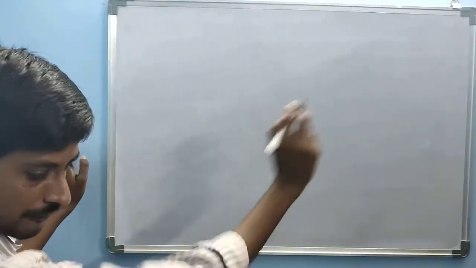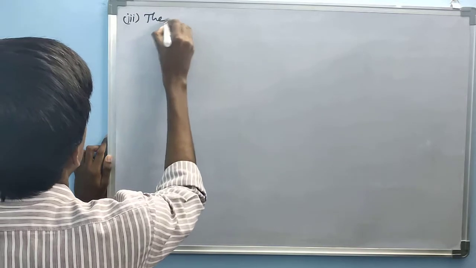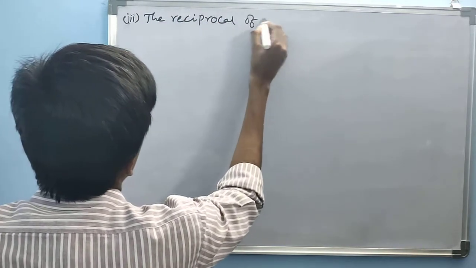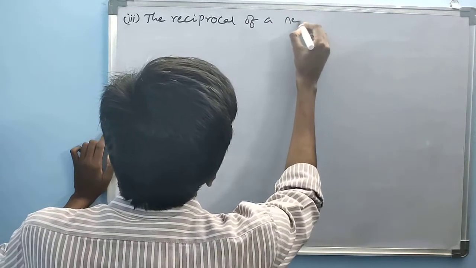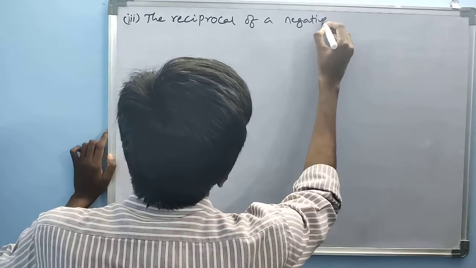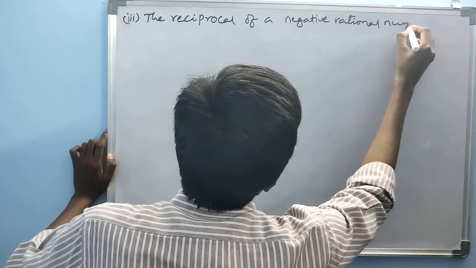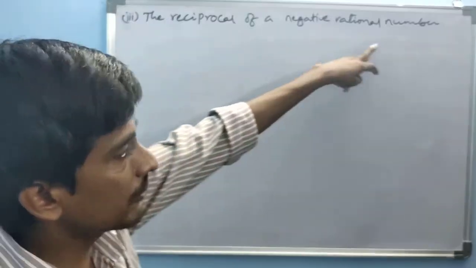The third one: the reciprocal of a negative rational number.